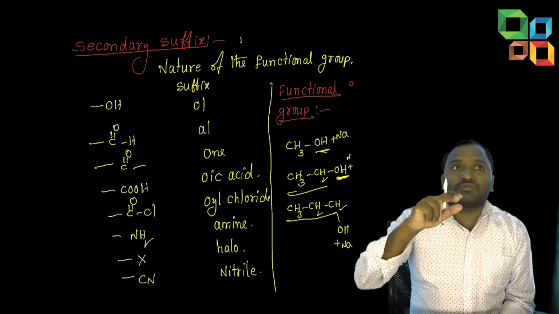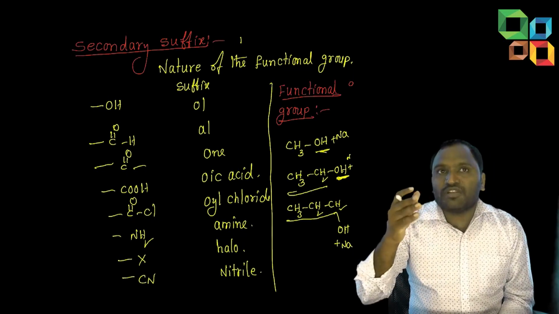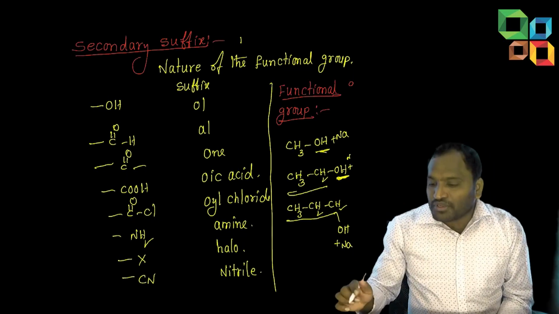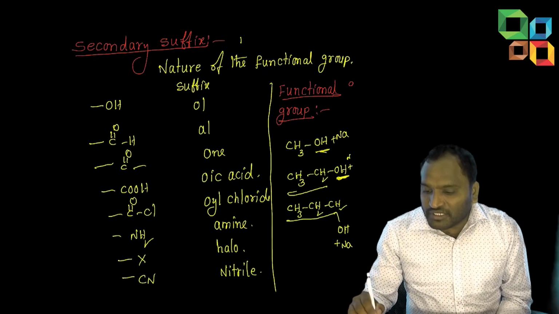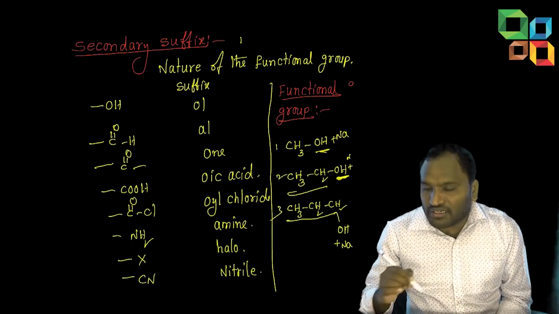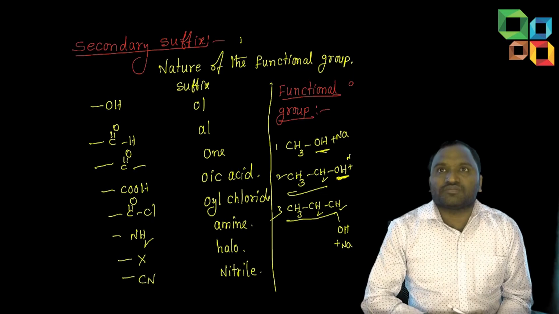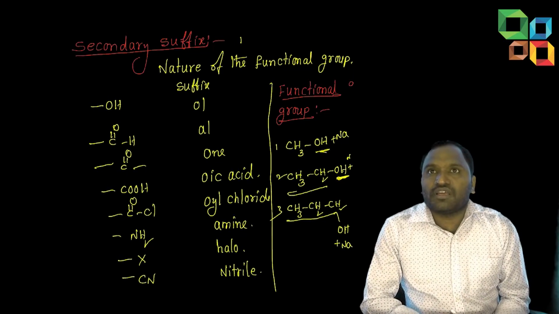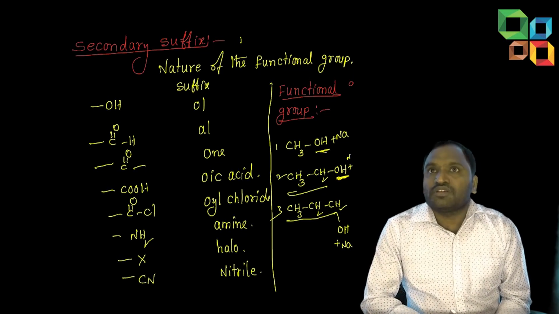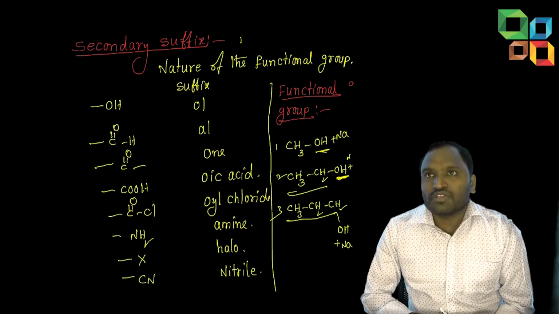Suppose if methyl were the functional group, from the first reaction to the second and third reactions, we should get different products, and the chemical reactivity should differ. It is not changing.